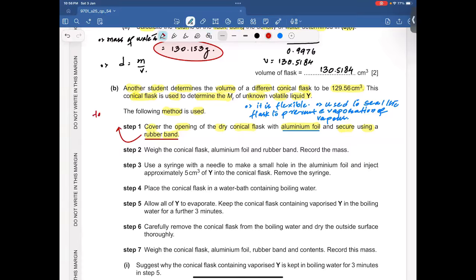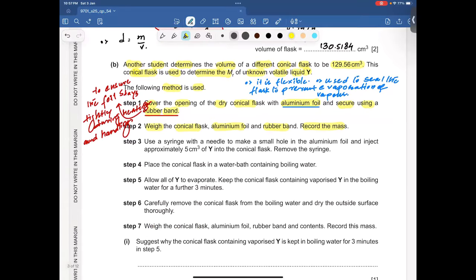Just to ensure the foil stays tightly in place during heating and handling. Now the next step is to weigh the conical flask, aluminum foil, and rubber band. Record the mass.